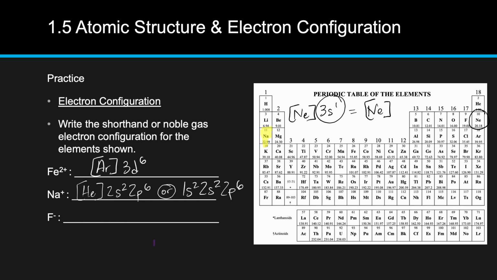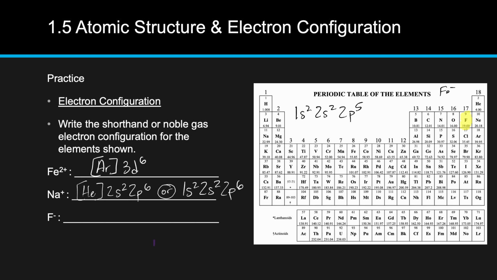And then if we're looking at the fluorine ion, this is a -1, which means it added an electron. So the electron configuration is actually going to be the same for sodium plus and fluorine minus. And that's because our ground state electron configuration for a neutral atom of fluorine would be 1s2, 2s2, 2p5, but the negative in F minus is telling us that we have one extra electron.